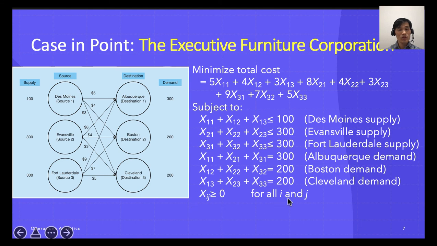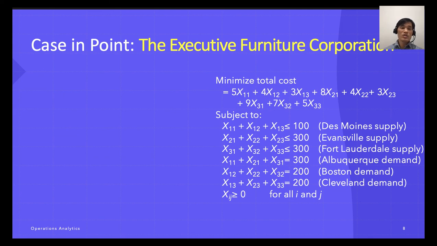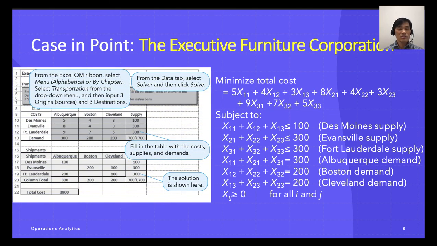And of course, we are going to include the non-negativity constraint because we don't have any negative numbers in real life. And if you have done that, now you are ready to run your analysis using Excel. This is just a quick result of the Excel, and I'm going to show you and walk through it with you shortly.